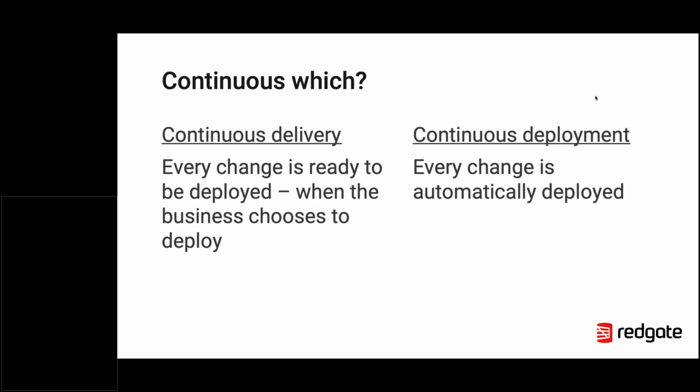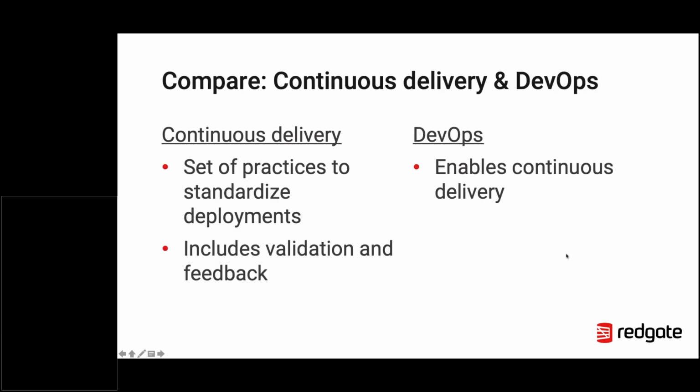So continuous delivery is totally an option with DevOps. You don't have to have it so that everything just rolls straight through to production without any thought as to the timing or the change or how the change will be delivered.